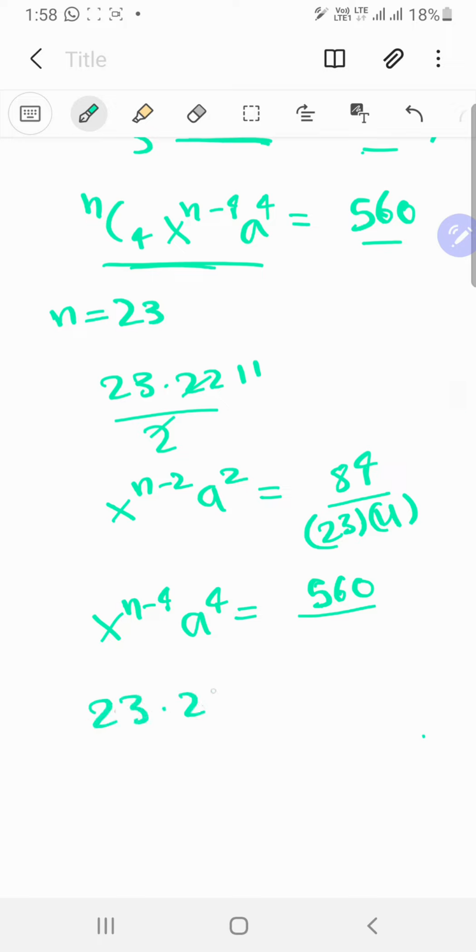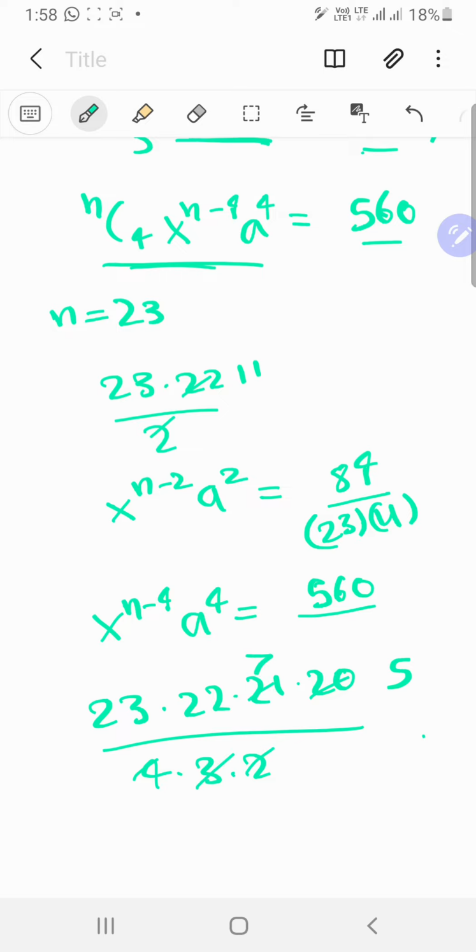23 into 22 into 21 into 20. So what do we get? First of all, this is turning out to be 5. This will turn out to be 7. This will be 11. So 23 into 11 into 7 into 5.